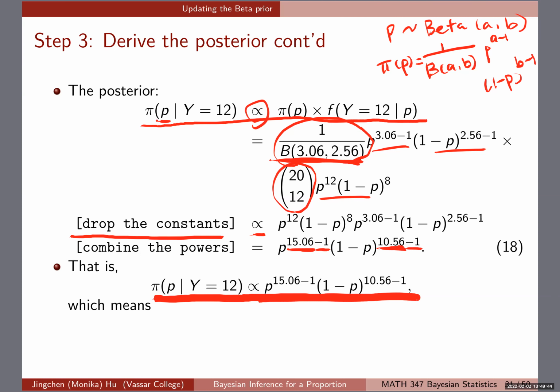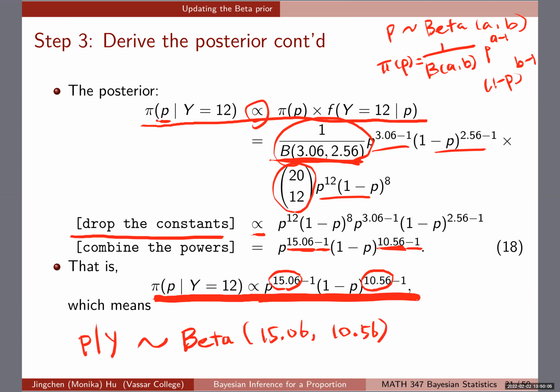So very interestingly, we can actually recognize that if I think this is my new A, and if I think this is my new B, I'm going to have a beta posterior with 15.06 and 10.56. And I can write this as P given Y, the posterior distribution. Okay.